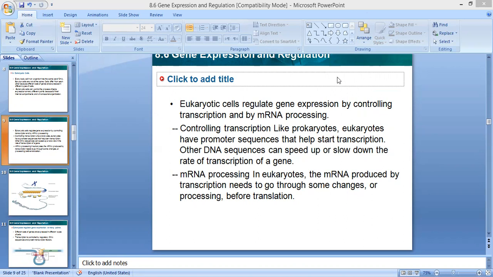It will go through changes. Okay, let's see how this will happen.